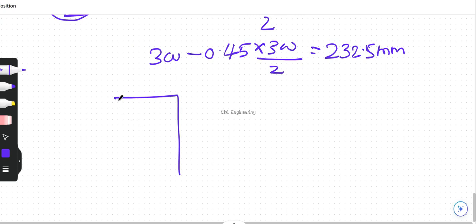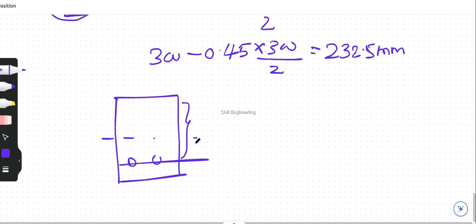It means the lever arm is the distance between the tensile force and the compression force. In a beam, the moment of resistance is equal to the couple created by this compression force and the tensile force.